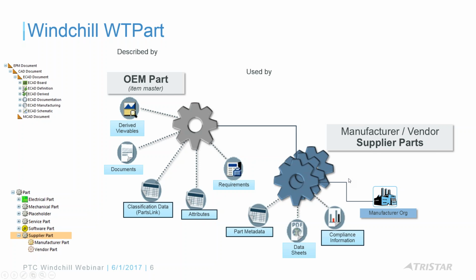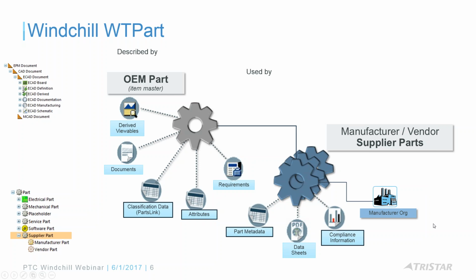Those supplier parts or those other types of parts like electrical or supplier parts can also have things associated to them, like the metadata, which are just attributes, typically attributes associated to that part that describe its description, cost, finish, other attributes, color.